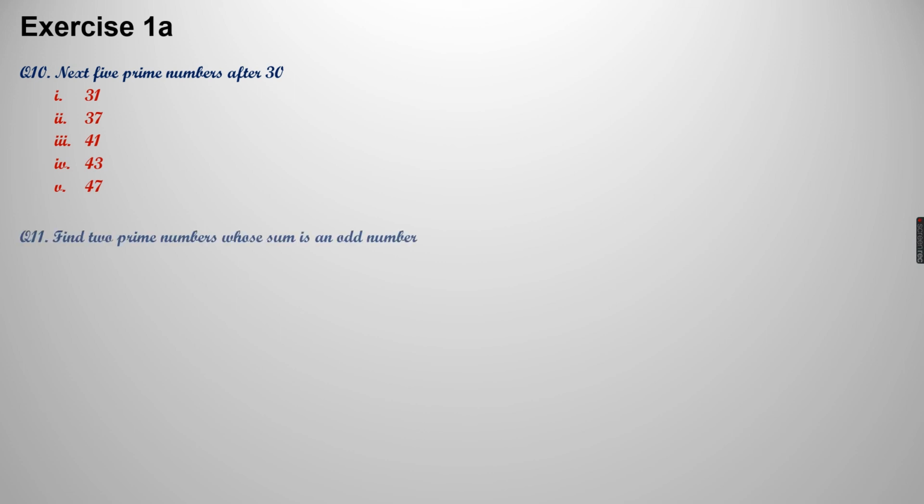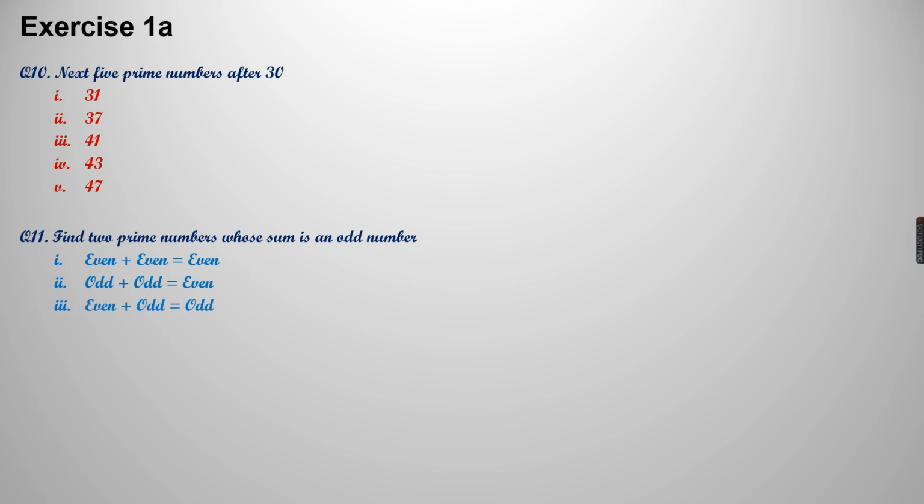Next question. The last question of the exercise, that is, find 2 prime numbers whose sum is an odd number. Okay, I'm gonna give you a rule here again, that when you add 2 even numbers, the answer is an even number. If you add 2 odd numbers, then the answer is an even number.